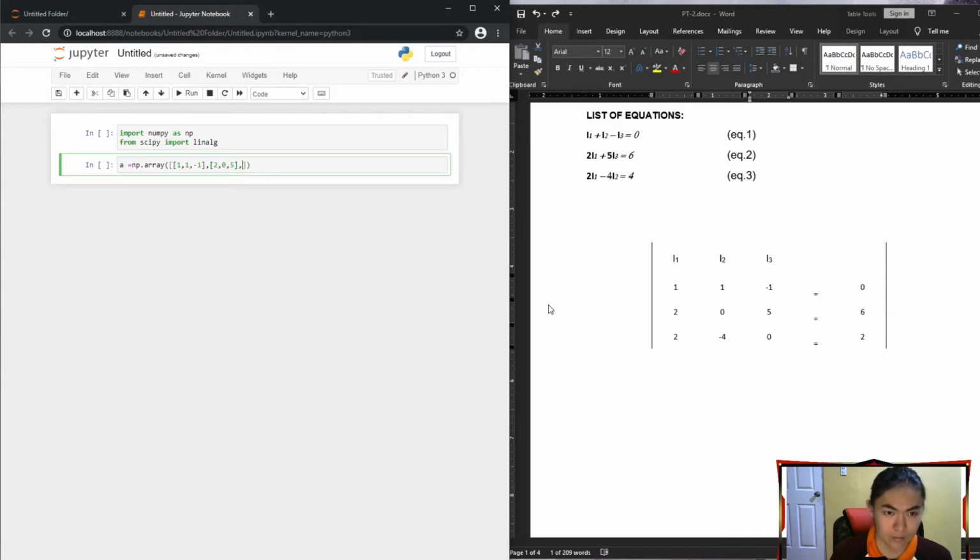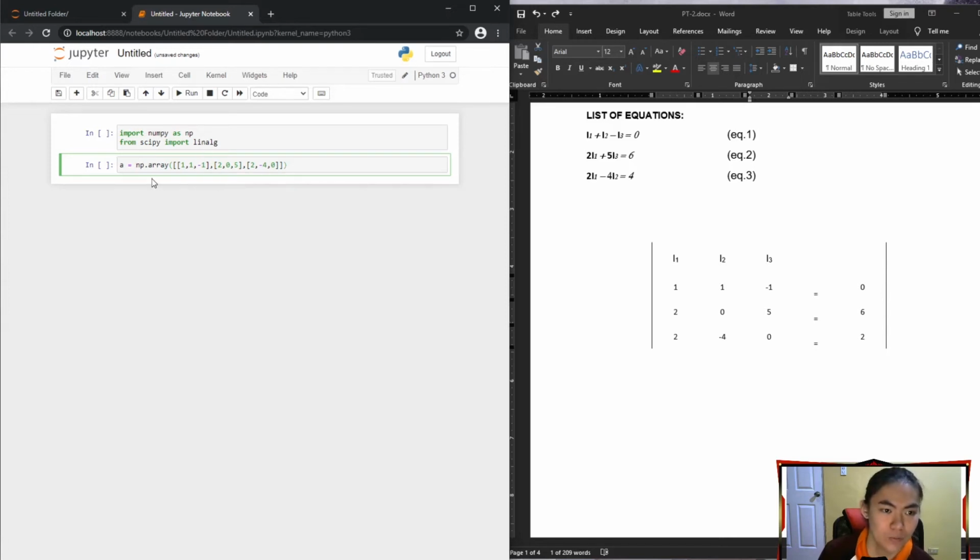Then the last line, we have 2, comma, negative 4, comma, and 0. So, itong A natin, dito sa unahan, ang ating A is yung mga nasa left side ng ating matrix table.